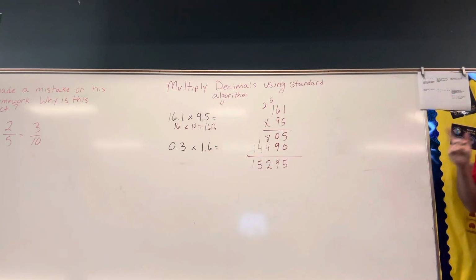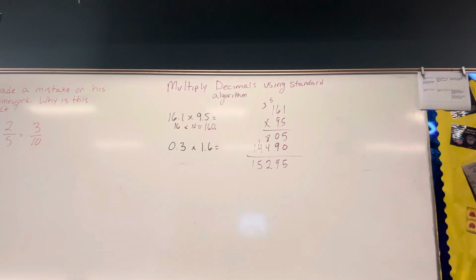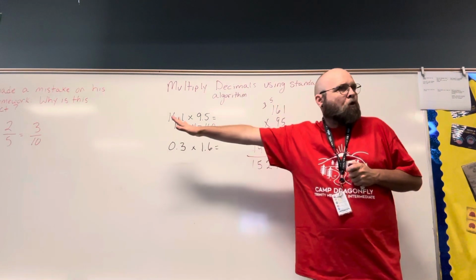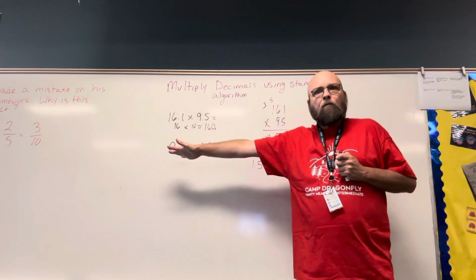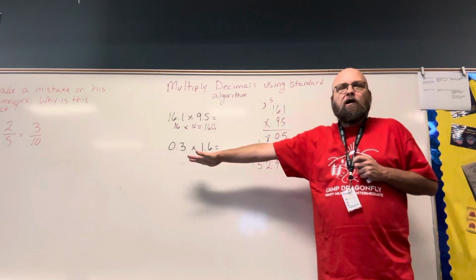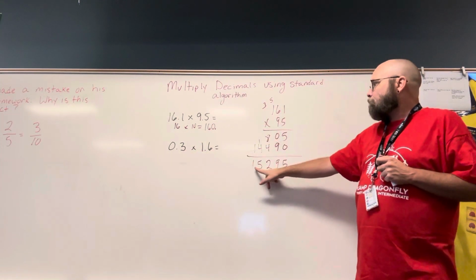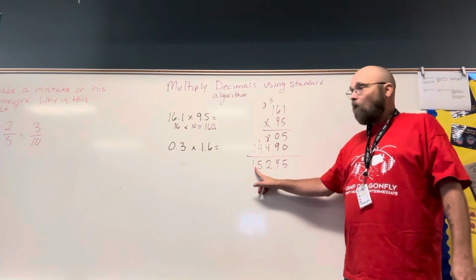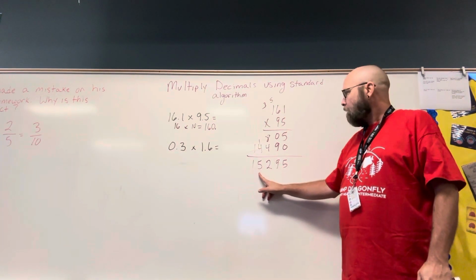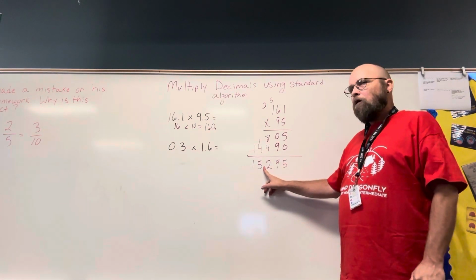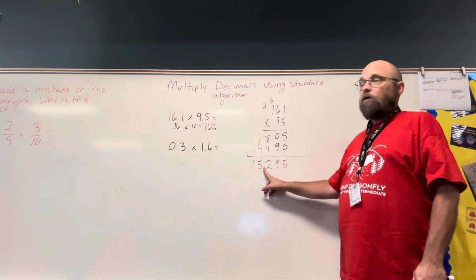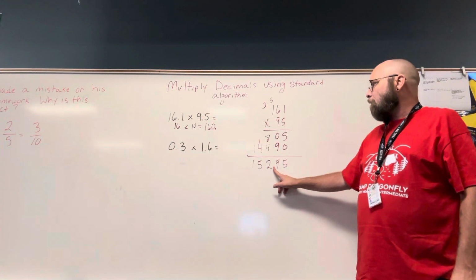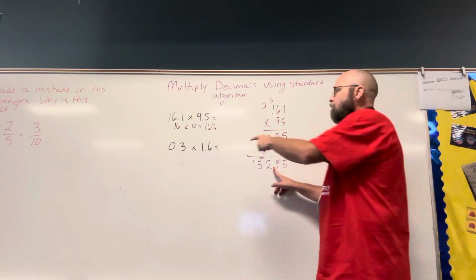All right, my estimate is 160. So the number I put in front of my decimal point, which is the whole number, needs to be close to 160. If I put my decimal point here, my whole number is 1, because that would be what's in front of the decimal point. If I put it here, my whole number would be 15. Not close to 160. If I put it here, my whole number would be 152.